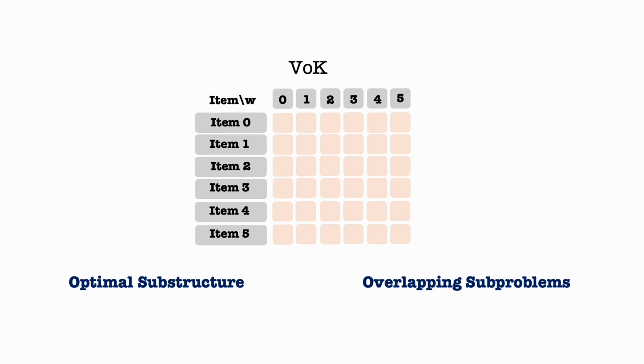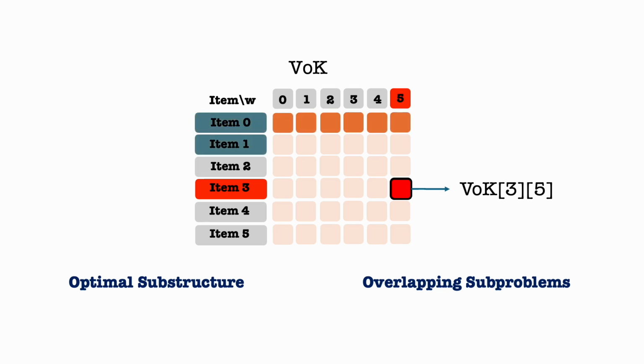Let us say we are going to solve the problem where the number of items is 3 and the current capacity of the knapsack is 5. It means we already have solved and stored solutions of subproblems considering no item and all possibilities of capacity of the knapsack, one item and all possibilities of capacity, and two items and all possibilities of capacity. These stored solutions can be helpful in solving the current subproblem.